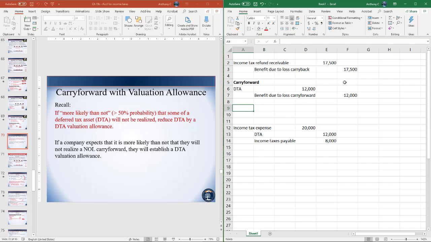Earlier we also talked about that in order for a firm to take advantage of a DTA, it needs to report taxable income, positive taxable income in the future. So same thing, if a company has a carry forward, if it doesn't expect to actually take advantage of the DTA, it needs to establish a DTA valuation allowance.